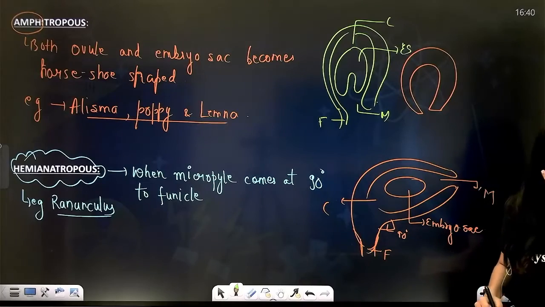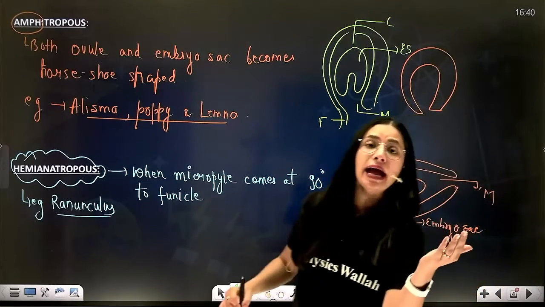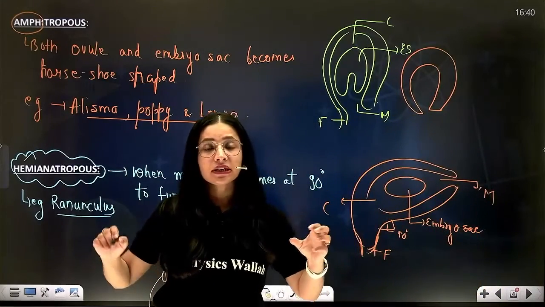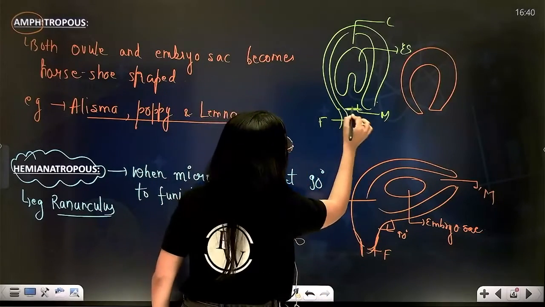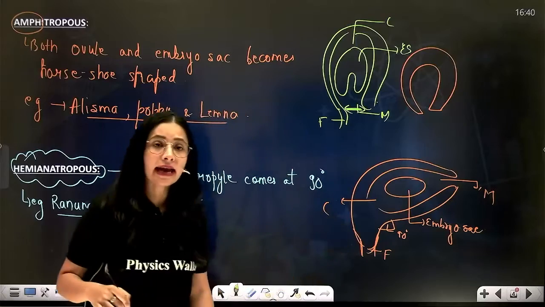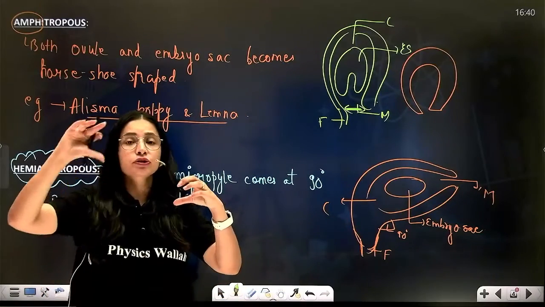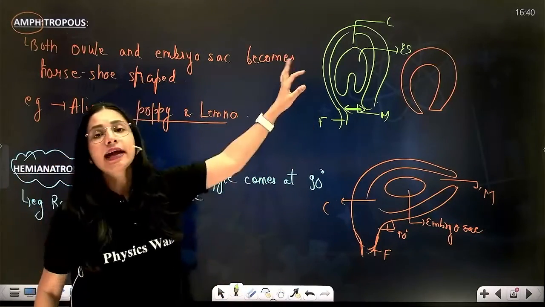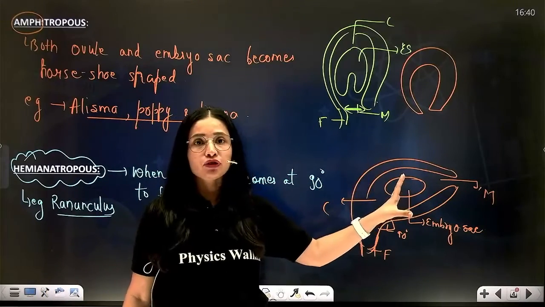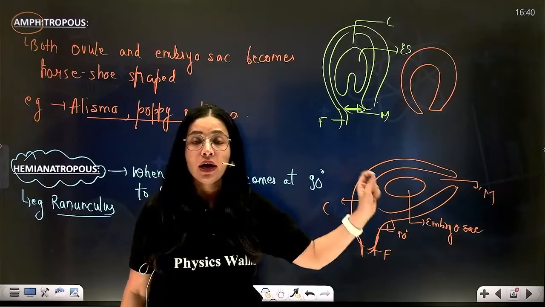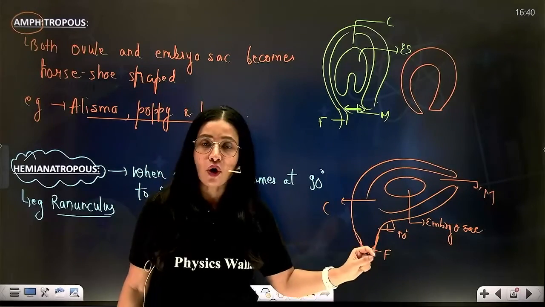Right? So amphitropous is near to anatropous, but in anatropous the distance became even very less. Here some distance is there, right? But in case of anatropous, the distance is going to reduce even more and the embryo sac is not going to become horseshoe. So in case of amphitropous, both the shape of the ovule and embryo sac become horseshoe.